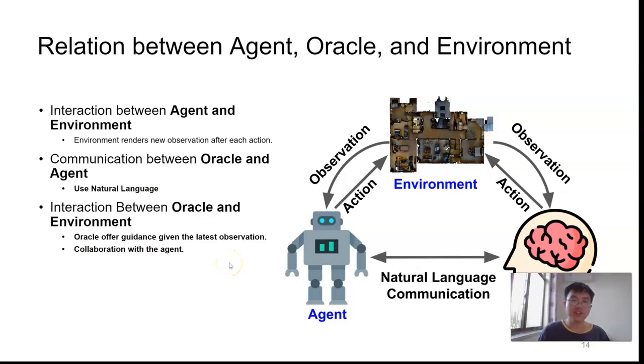Third, there would be interaction between the oracle and the environment. Sometimes the oracle needs to watch what happened in the environment to provide the guidance. Sometimes the oracle and the agent could even collaborate with each other in the environment.